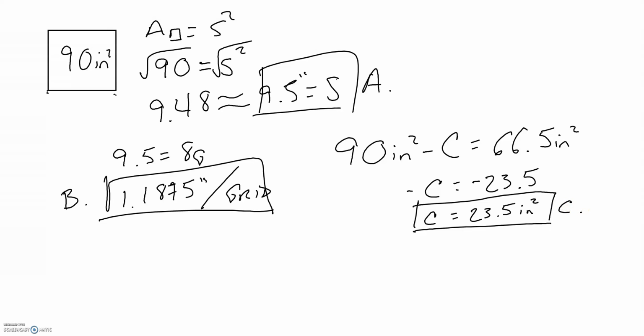Then we have the square. We have a circle. And we want to know how to locate this inside the square. So first off, we need to draw the sides of the square. We said that each side is equal to 9.5.